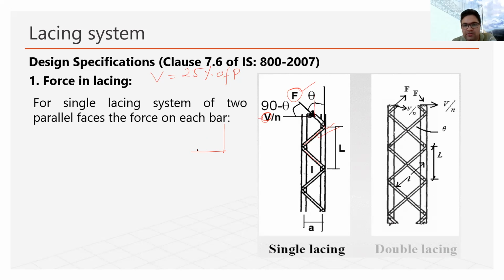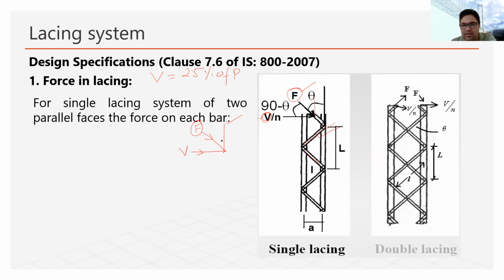This horizontal force is the V value, but our lacing bar is inclined like this, and the force is also in this direction along the lacing bar. So we are supposed to find out this F value, how much force will be there in the lacing bar.